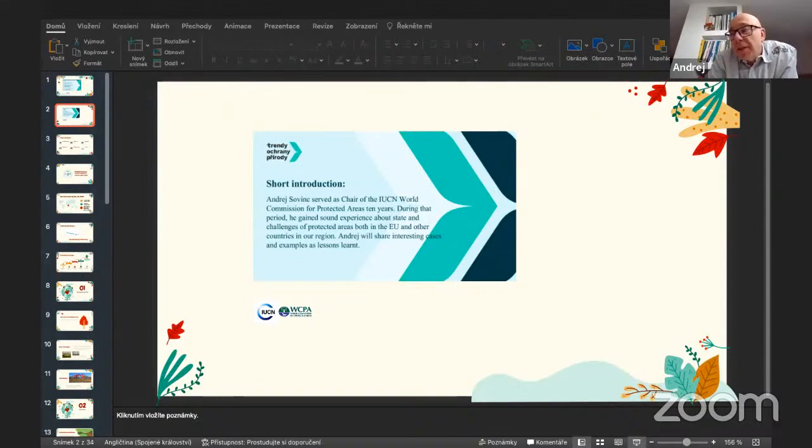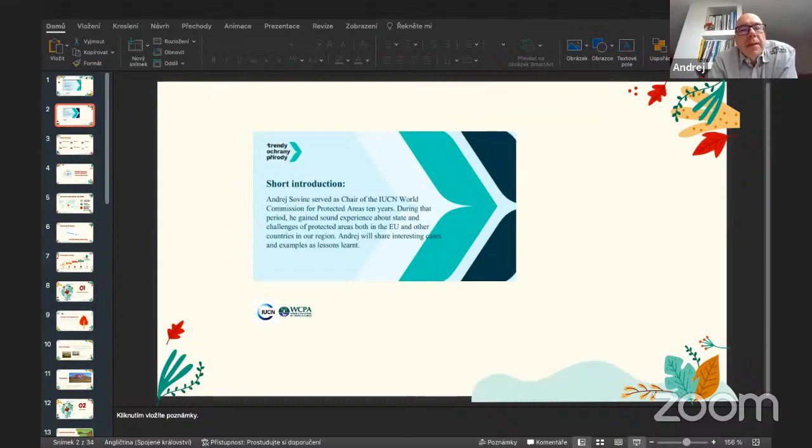We have different views. The aim of my presentation today is more to show and demonstrate some of the key issues that should be understood as the basic standards for how the system of protected areas in one country should work.